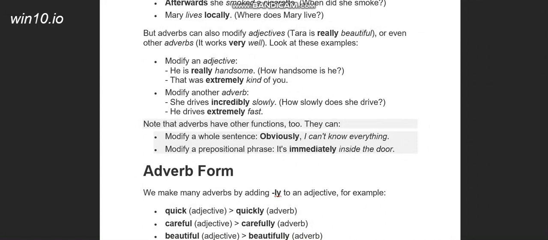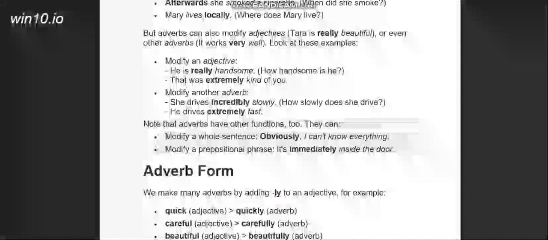Adverbs are something which describes more about the verb. But sometimes they even modify adjectives, sometimes they modify adverbs, and sometimes they modify prepositional phrases. Over here, there are different forms of adverbs, students.